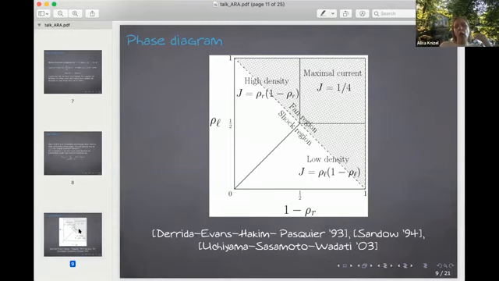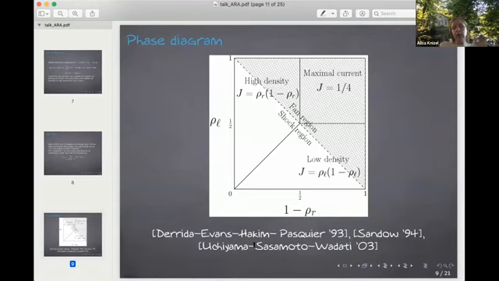So here we will talk about the phase diagram for the open ASEP at stationarity when n, the number of sites, goes to infinity. This diagram is written in terms of the following object J, which is called the current.